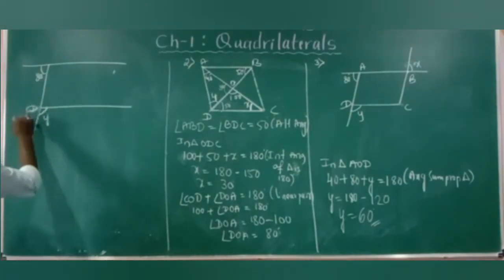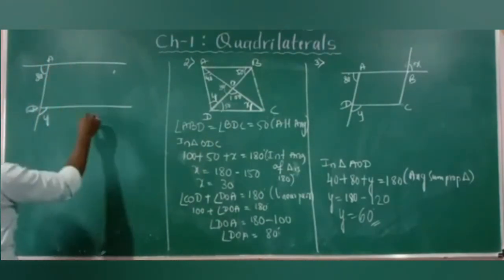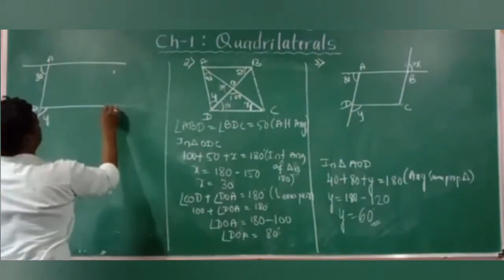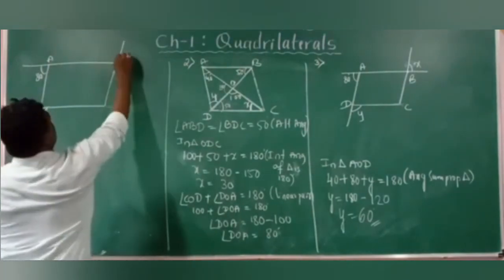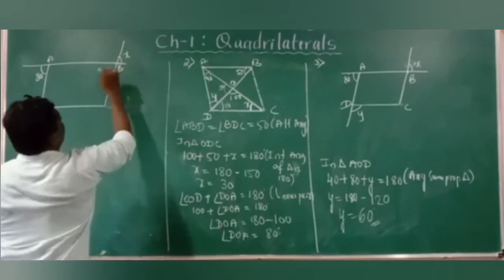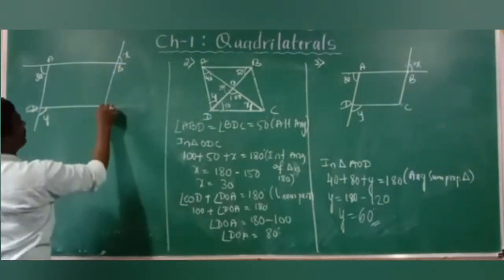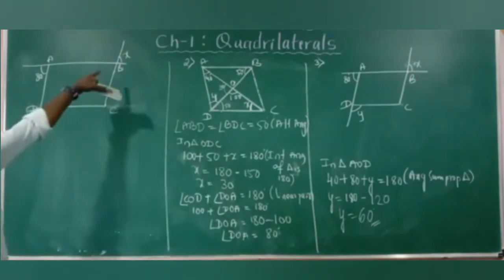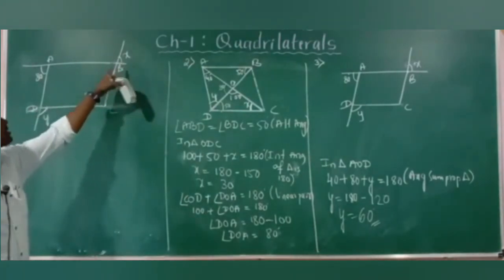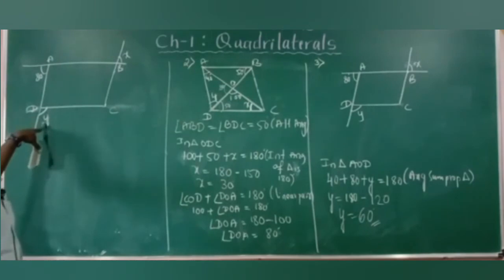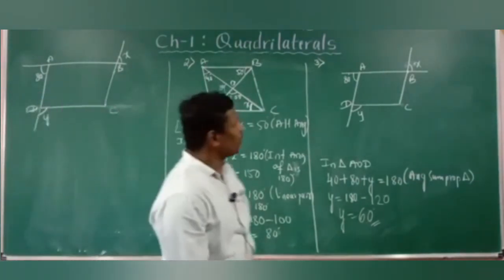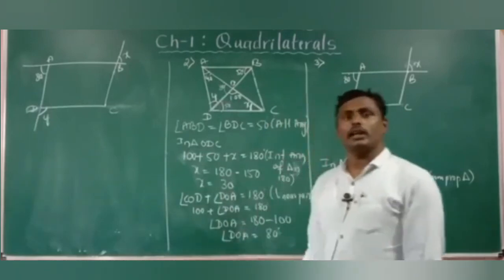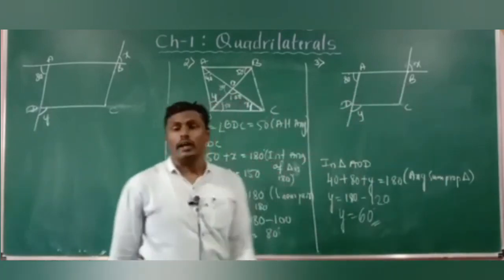So this is point D, A, and this is x, with vertices B, C. So ABCD is a parallelogram. You need to find the x and y values, right? So calculate the x and y values by using linear pair and corresponding angles.